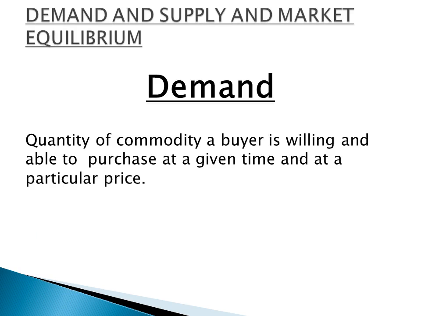Right now, we want to look at demand and supply and market equilibrium. What is demand? Demand is the quantity of commodity a buyer is willing and able to purchase at a given time and at a given price.